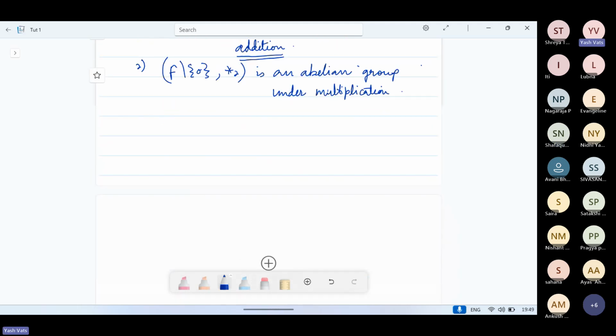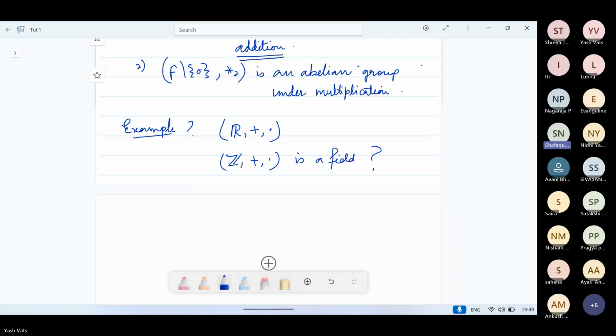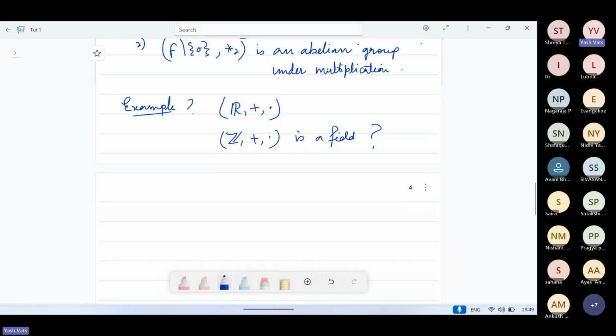R forms a field with multiplication and addition. Is that a field? Can anybody tell me?